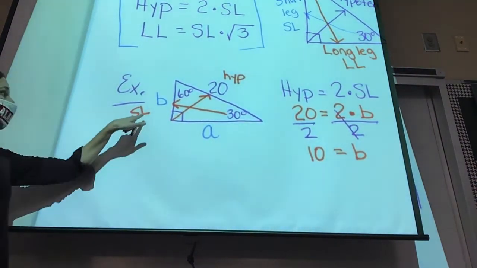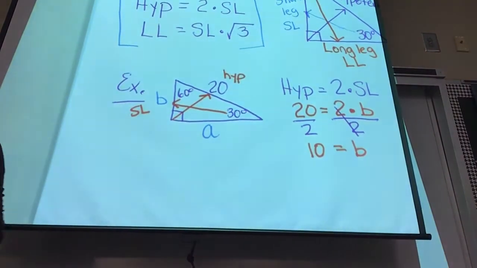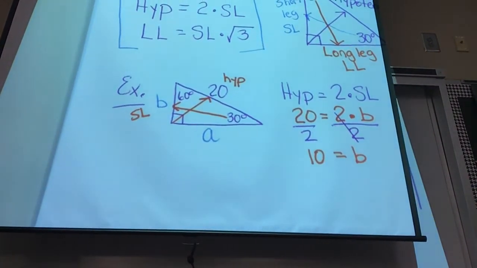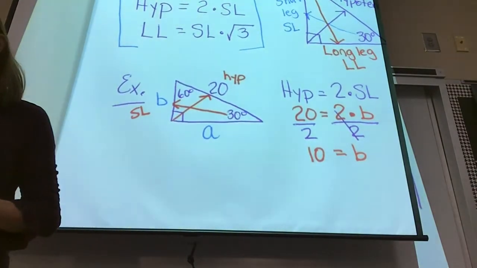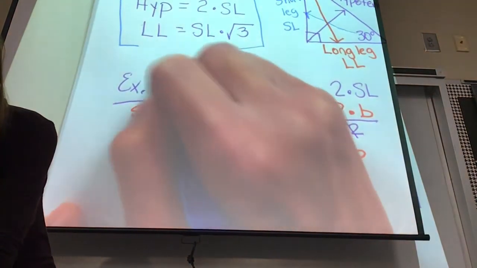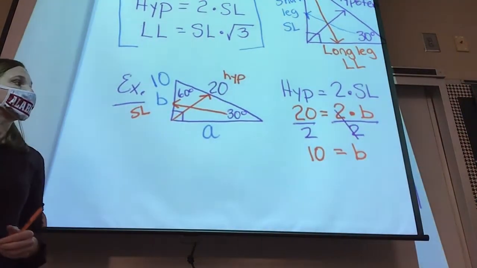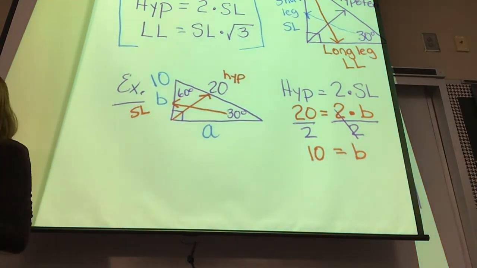So I know now that the short leg is 10. So I now know that this side over here is 10. I now know the hypotenuse and I now know the short leg.